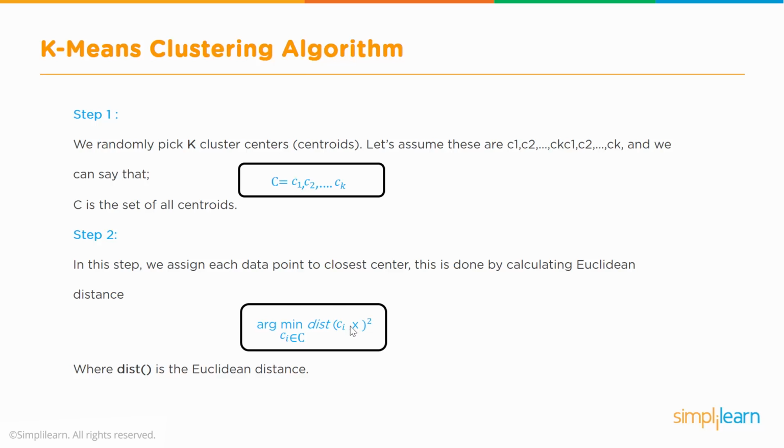So the distance between x1, c1, distance between x1, c2, x1, c3, and then we find which is the minimum value, and assign x1 to that particular centroid. Then we go next to x2, find the distance of x2 from c1, c2, c3, and so on up to ck, and then assign it to the centroid which has the lowest value, and so on. So that is step number 2.